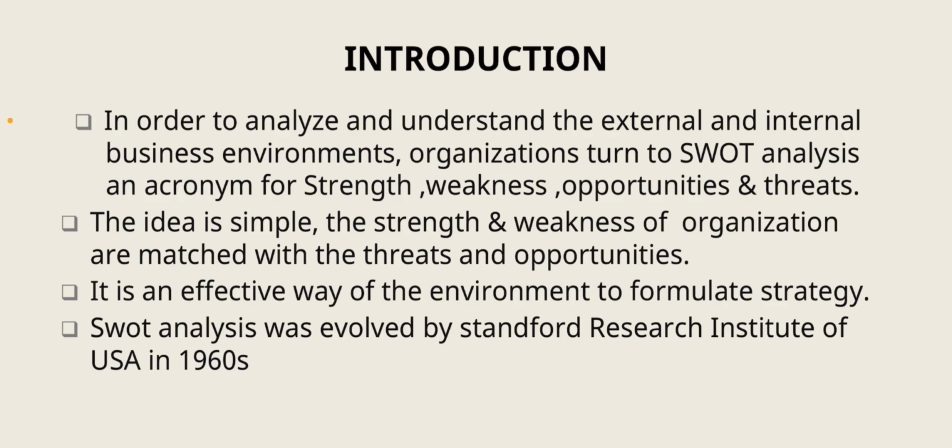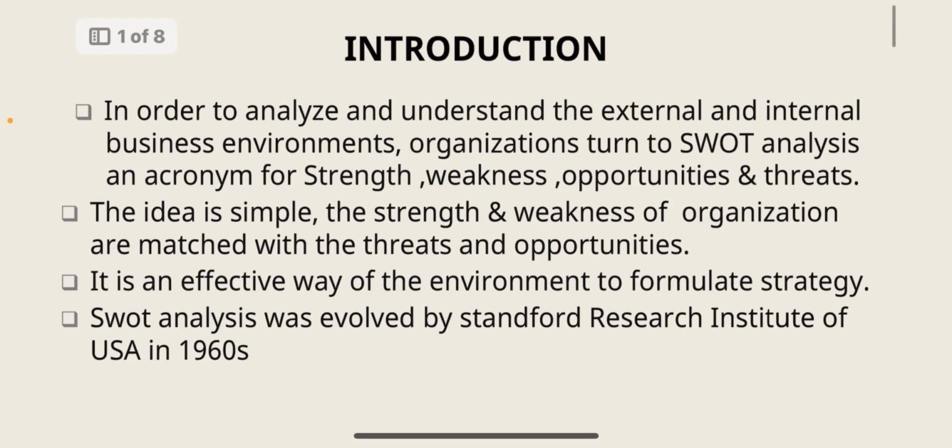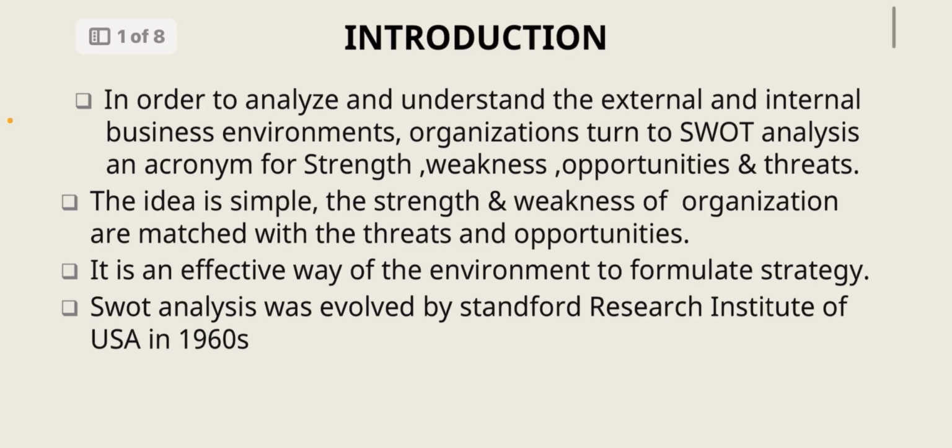Okay, that is macro environment, which is a part of external environment. And micro environment is suppliers, buyers, customers, and all these factors. Next is internal environment. Internal environment is basically the internal factors that affect the business operations. For example, value system, plans and policies, human resources, mission and objective of the organization, and all these.